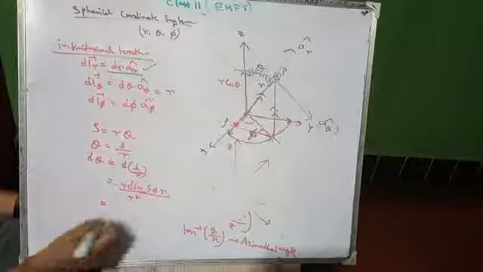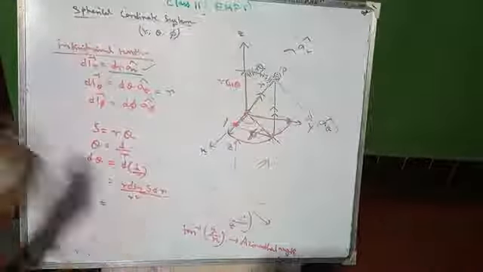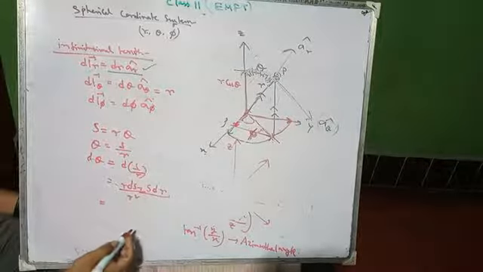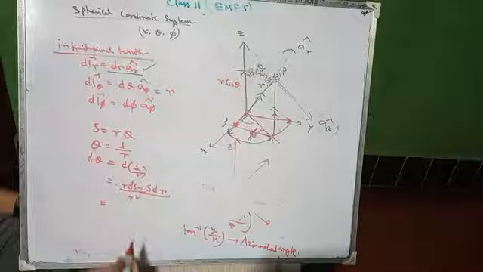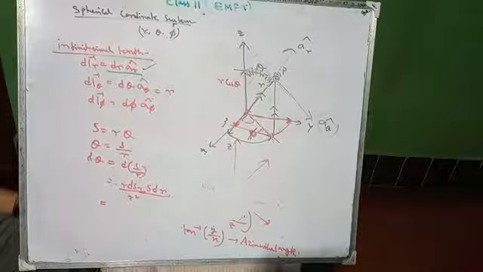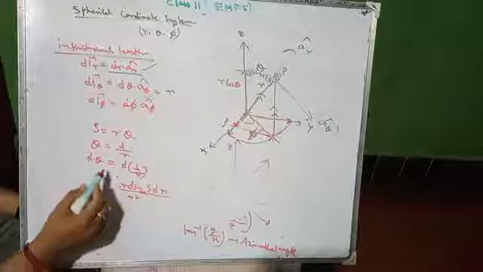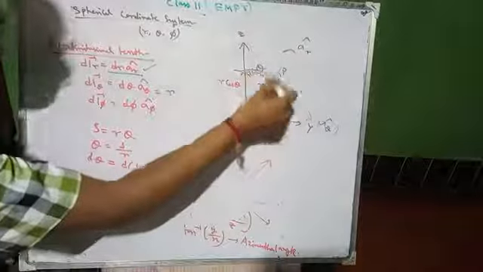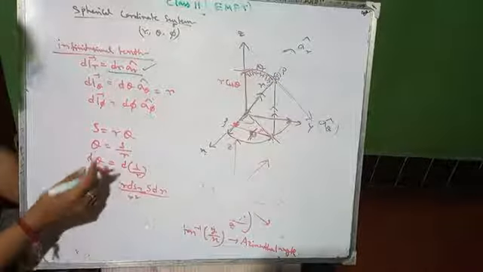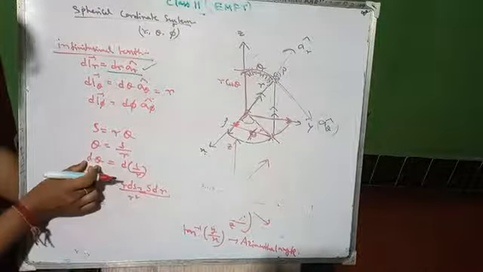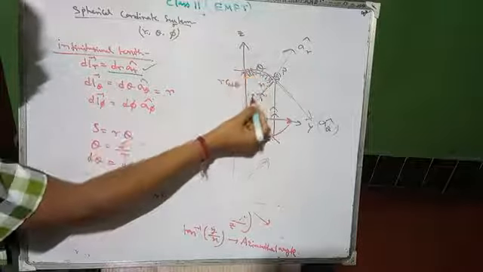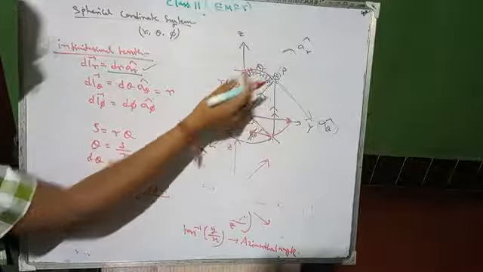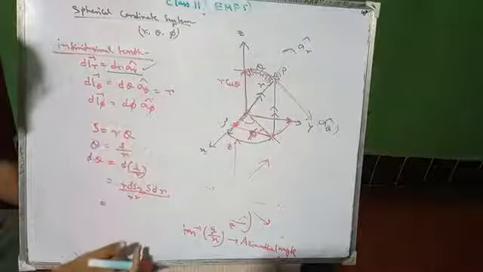So d theta equals r ds minus s dr by r square. Now what is ds? ds is nothing but this surface, right? If we add some d phi, then ds will be added. Suppose if we add some d theta, then ds will again be added.